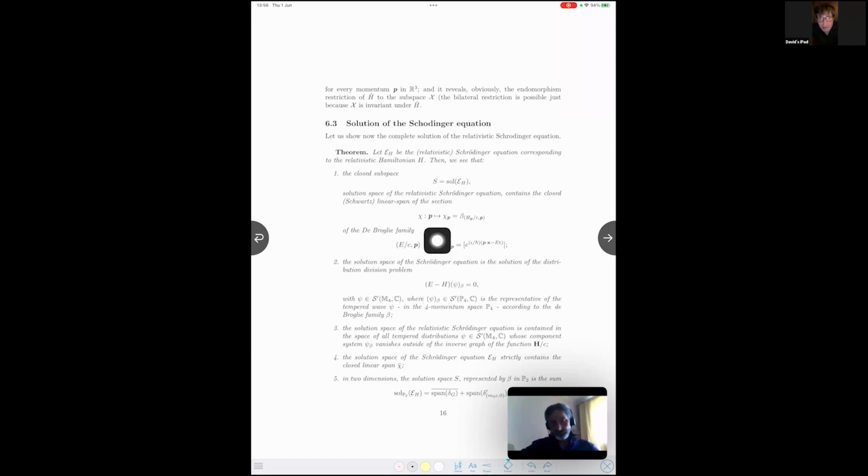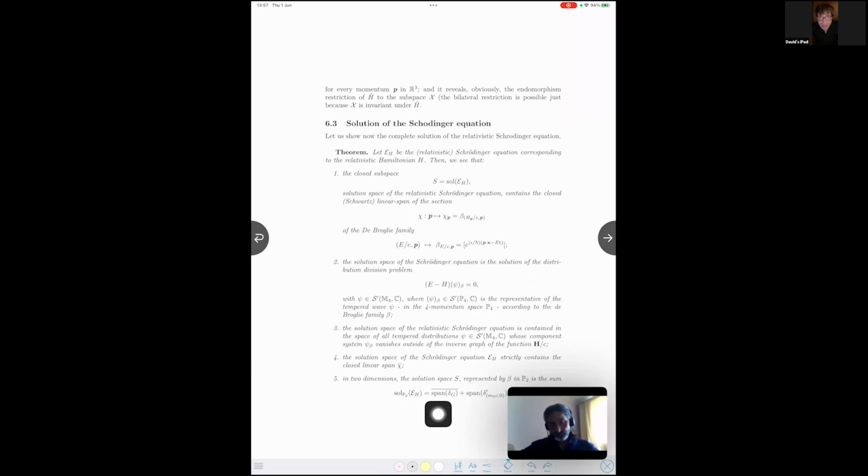I reduced a complicated Schrödinger equation E_H, with an operator for which we should use the square root of continuous operators in distribution spaces, to a simple division problem. And here we have the solution of that division problem.